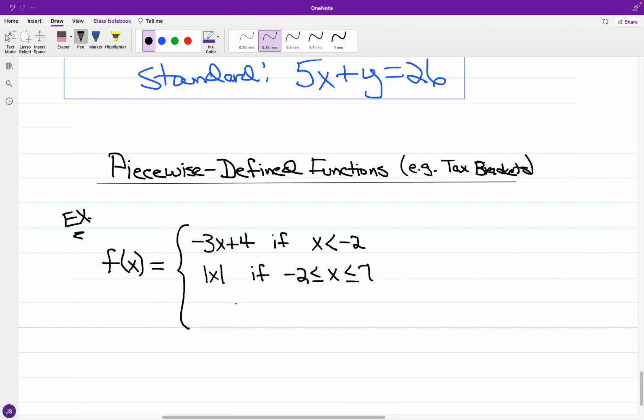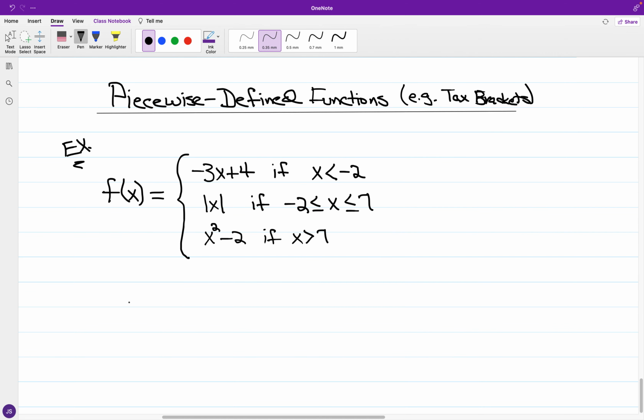And we'll say f of x is equal to x squared minus 2 if x is greater than 7. Let's say that for this function.